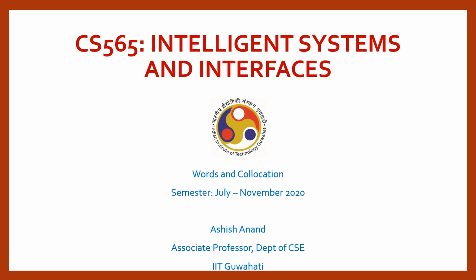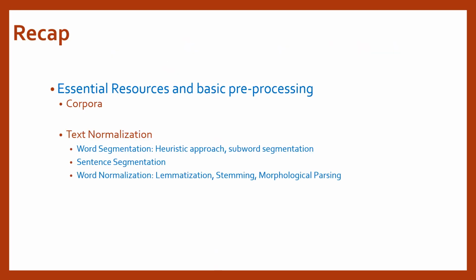So let's begin with this lecture. Before beginning, let's recap what we have talked about in the last lectures. We talked about the basic resources you need and what kind of basic pre-processing is required. So we talked about corpora, different types of corpora, and then text normalization, where we specifically focused on word segmentation.